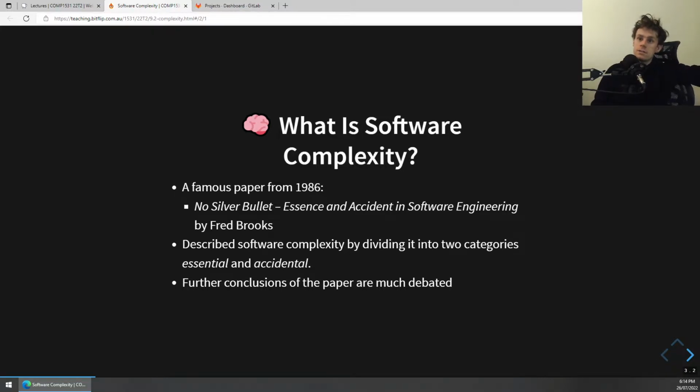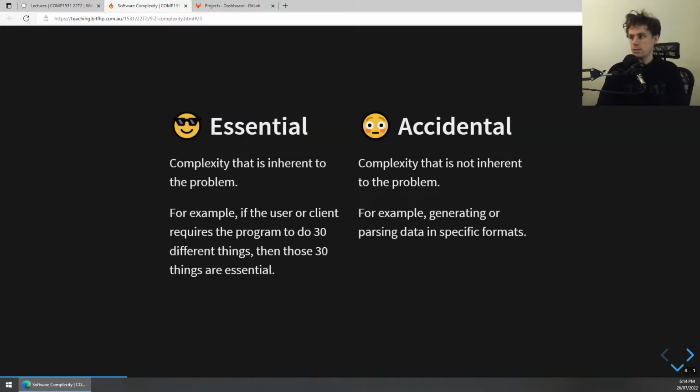We had this design lecture weeks ago where we talked about what makes good software, what makes maintainable software. And again, to some extent, complex software is the opposite of that, though not always. And this gets to the point, which is that there are two types of software complexity that we talk about. The first one being essential complexity and the second one being accidental complexity.